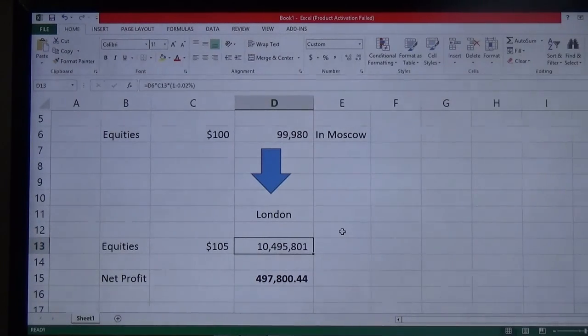Now what do you mean by two-way mirror trading? Two-way mirror trading means when you do these transactions both ways. So you have both the accounts.